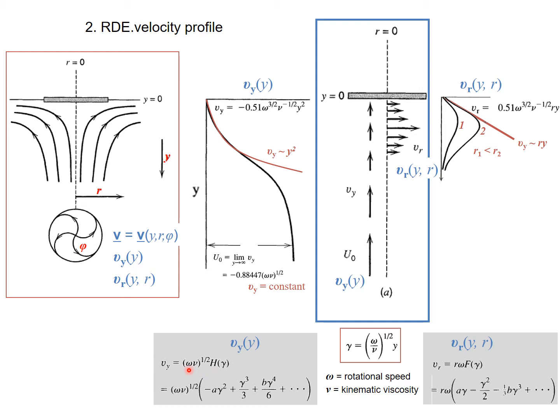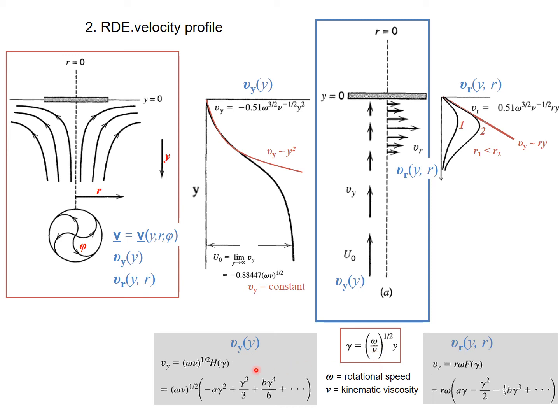The first term is the square root of omega times kinematic viscosity, where omega means the rotational speed. And the second function is described by gamma, and gamma is a kind of y scaled with angular frequency. So again, Vy, the y-directional component of velocity, is a function of y with a fixed rotational speed and also a fixed kinematic viscosity.